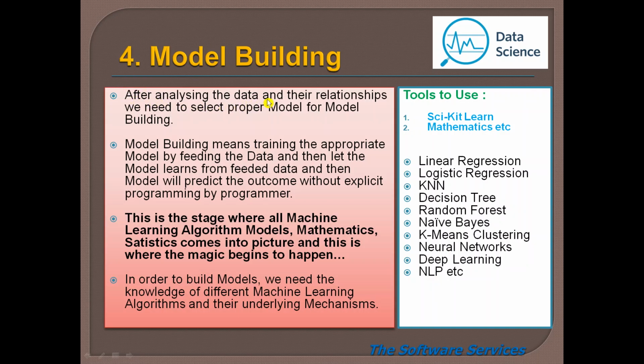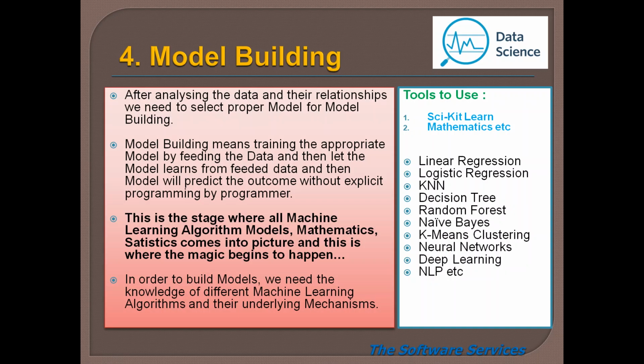So after analyzing the data and the relationships, we need to select a proper model for model building, friends. In the earlier stage, we already saw how to analyze these data.